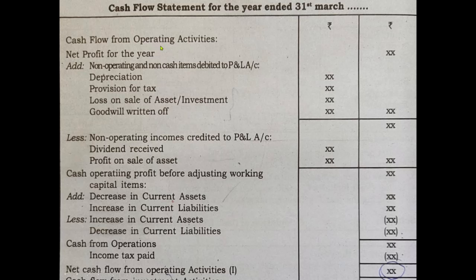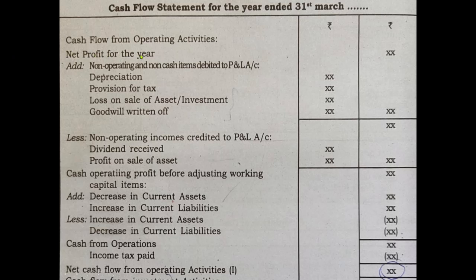Just like the fund from operation, we will begin with net profit for the year. I hope all of you are aware of the preparation of fund from operation. If you know the fund from operation very thoroughly, this step is very easy because we are following the same pattern again and again.